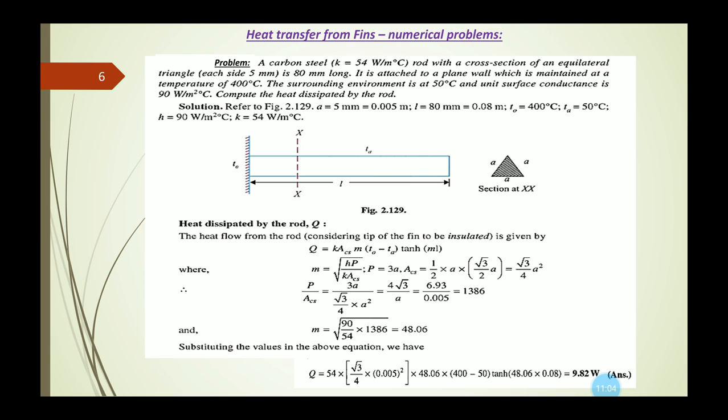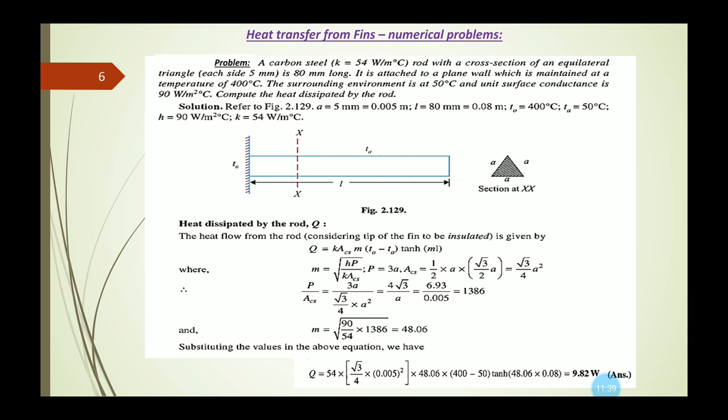What is given here is a carbon steel, for which the thermal conductivity is 54 watt per meter degree centigrade. A carbon steel rod with a cross section of an equilateral triangle, where each side is 5 millimeter, and the length is 80 millimeter, is attached to a plain wall which is maintained at a temperature of 400 degrees centigrade.